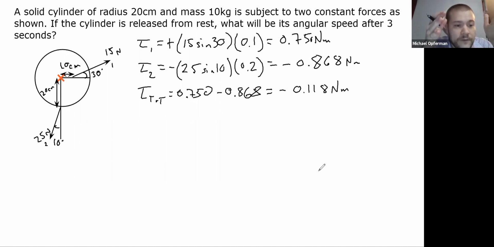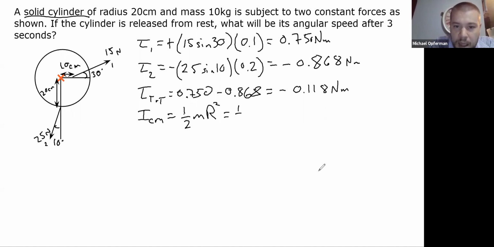Okay, so I calculated the torques and I summed the torques. The tau side of tau equals I alpha is done. Now we can move over to the I alpha side. I in this case will be easy because there's no parallel axis theorem. The cylinder is rotating about its center, so all I have to do is look it up in the table. The center of mass moment of inertia for a solid cylinder, I remember, is 1/2 mr squared. So that's 1/2 times the mass of the cylinder, which is 10.